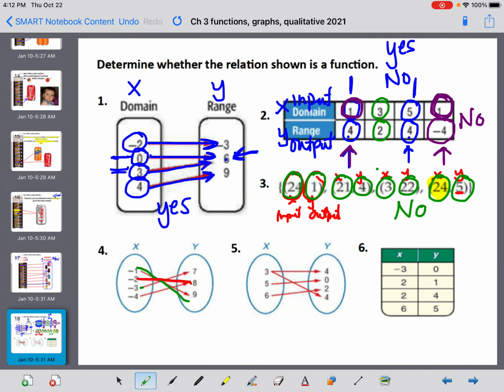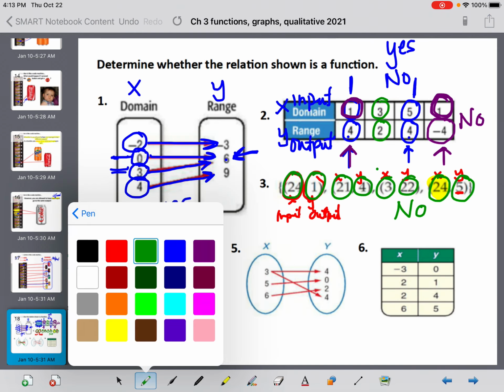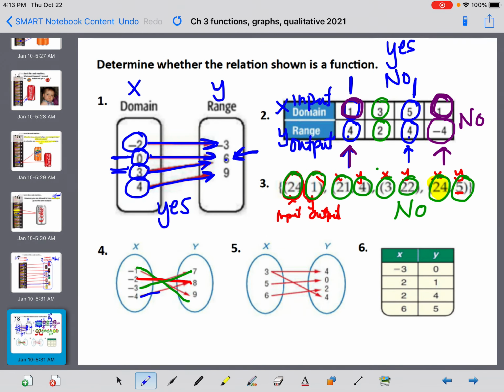I had a -3, it only went to 7. And then I had a -4 and it only went to 8. So each input only had one output. So that one is okay. Yes, that is a function.